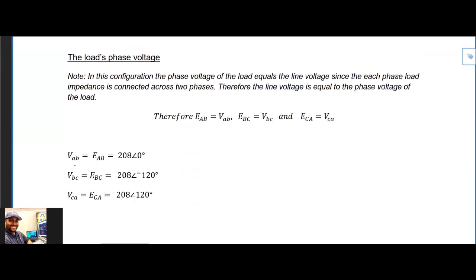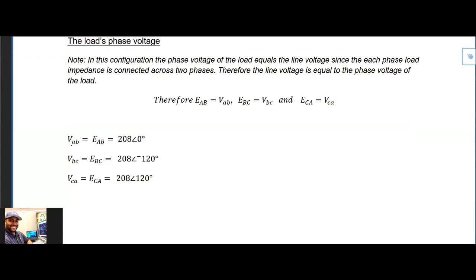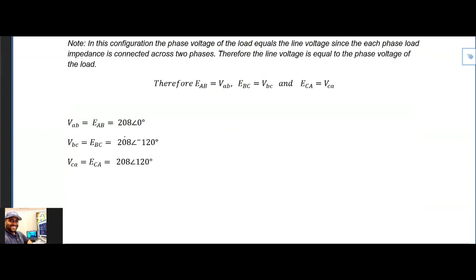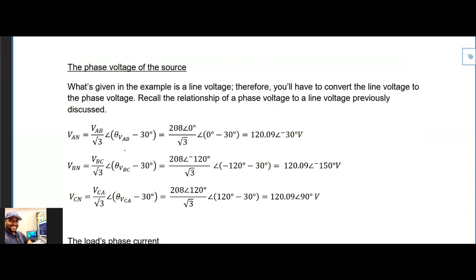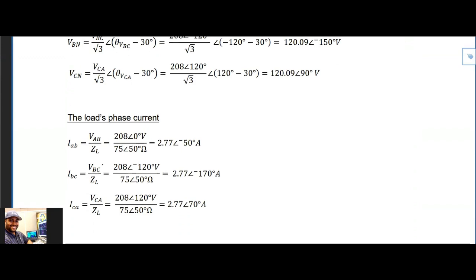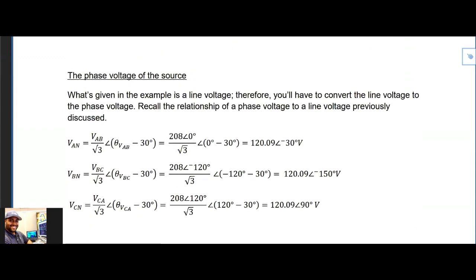So the voltage across the load, or each phase load, will equal the line voltage, just like we calculated up here. And what's going to be different is the load current and the line current. But we'll get to that in a minute.